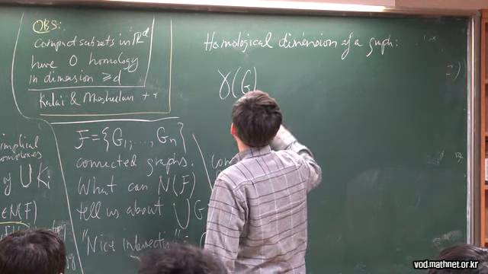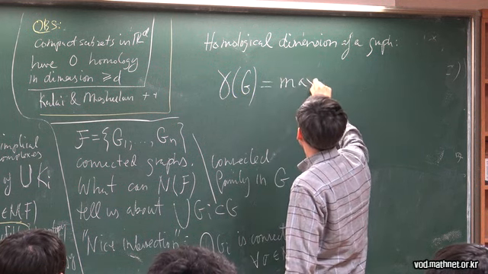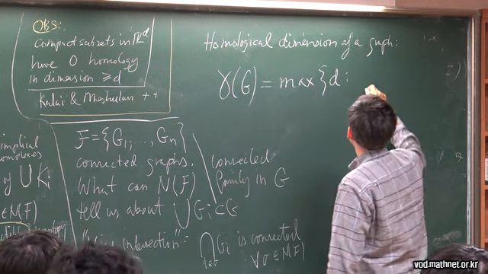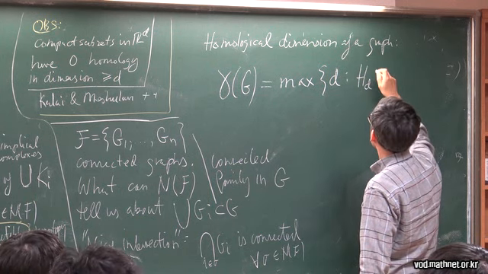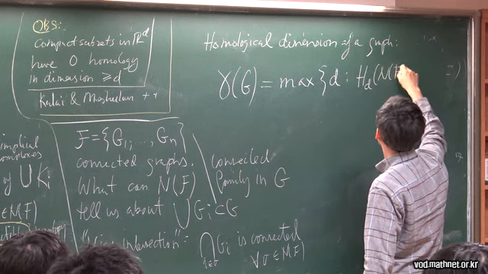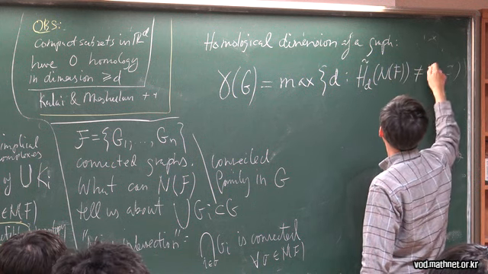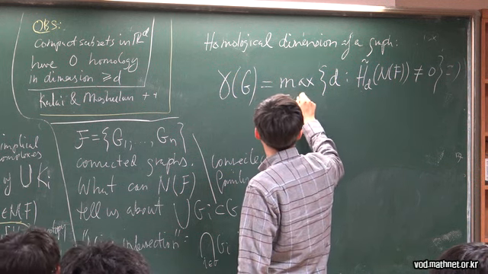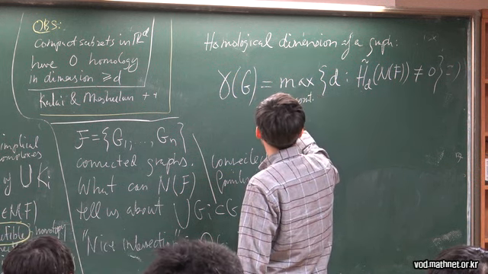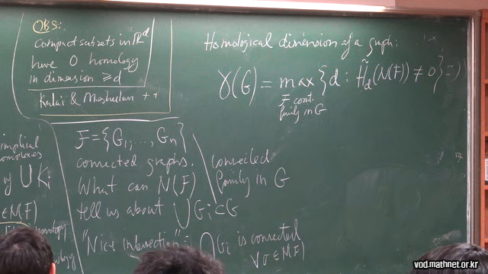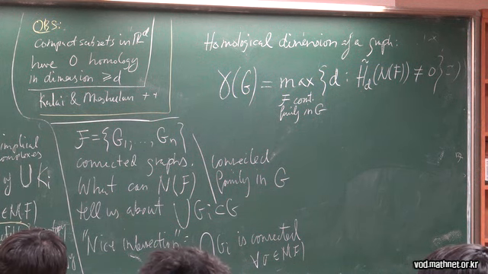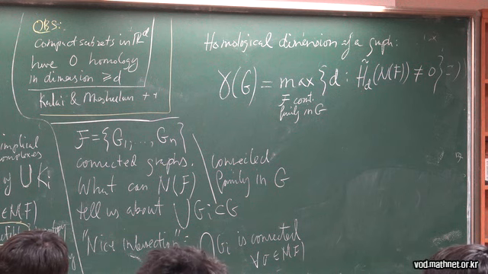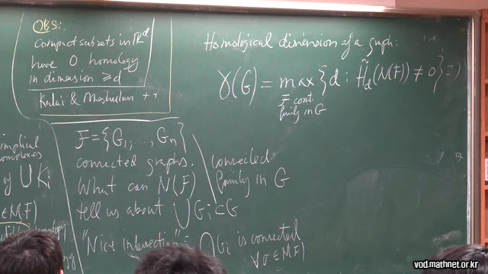I'll define gamma of G as the maximum d such that the nerve of F has nonzero homology in dimension d, where I take the maximum over F a connected family in G. So you have this graph, you look at all possible ways of putting connected families inside there, you measure the homology of the nerve complex, and the highest dimension in which you can get homology is the homological dimension of the graph.